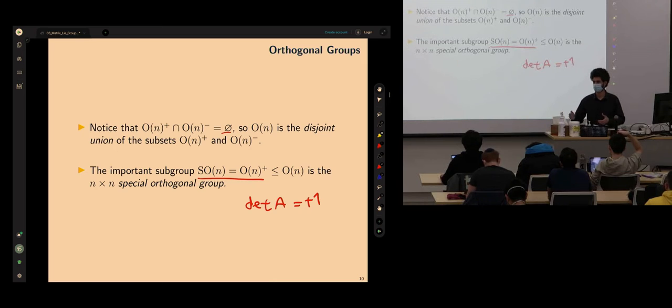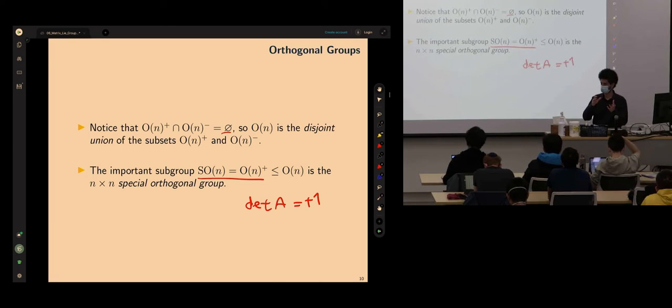SO3 acts on 3D vectors. SO(n) acts on n-dimensional vectors. What they do is rotate your frame all together, X, Y, Z axes together, right? Not separately. They will remain orthogonal and normalized, okay?